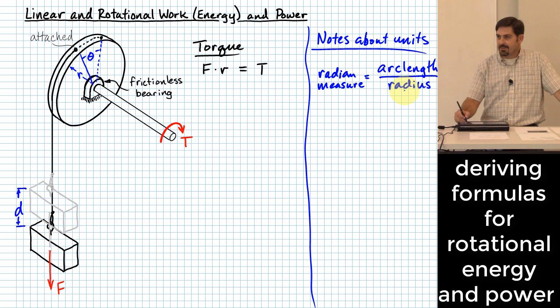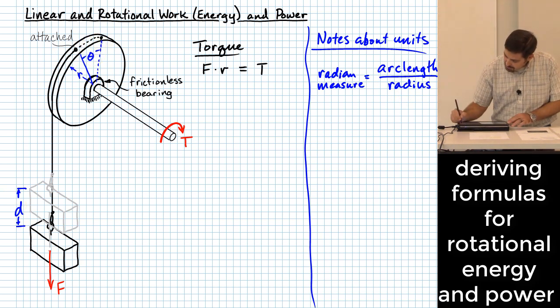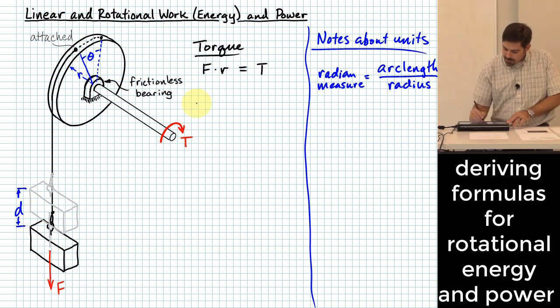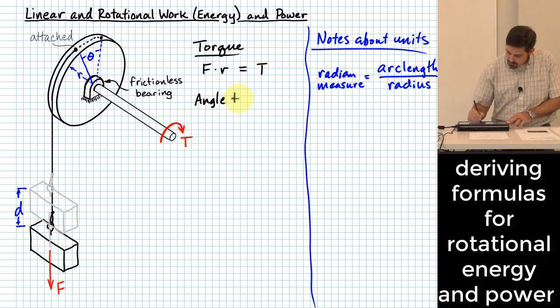And what did we just say the arc length was, of the amount of rope wound up on this spool? d. So this gives us another relationship that goes from angle to distance.